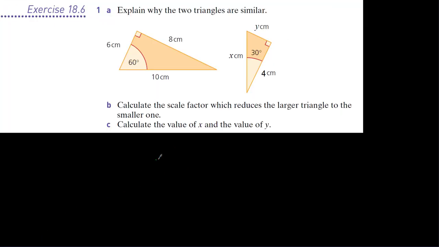Now let me give one example. Here there are two triangles and they are similar to each other. Why are they similar? Because this angle should be equal to 30 degrees. Why is it 30 degrees? Because if this is 90 degrees, we know from this square that this is 90 degrees and this is 60 degrees.